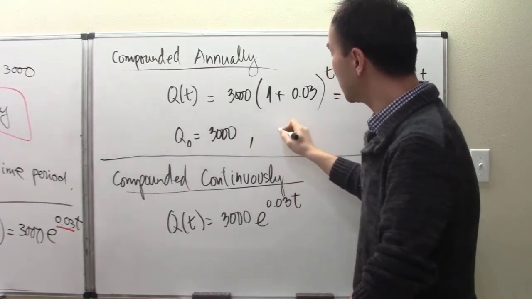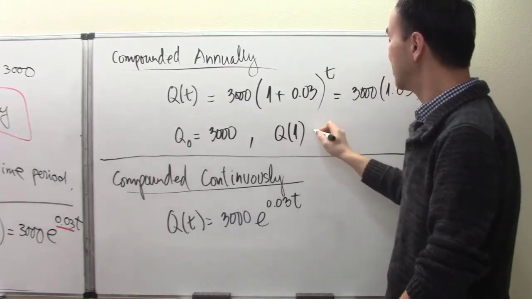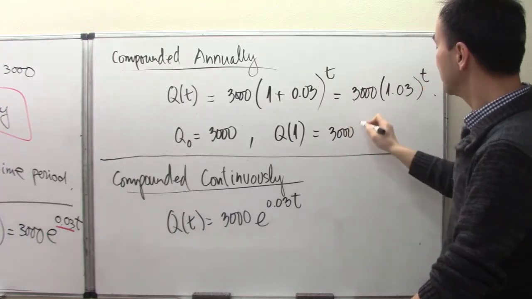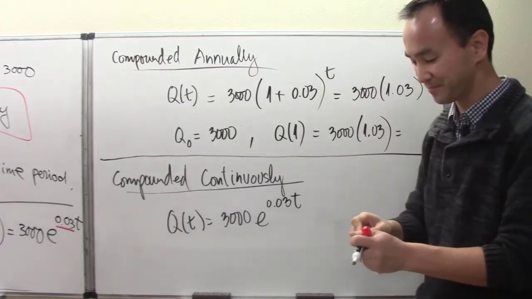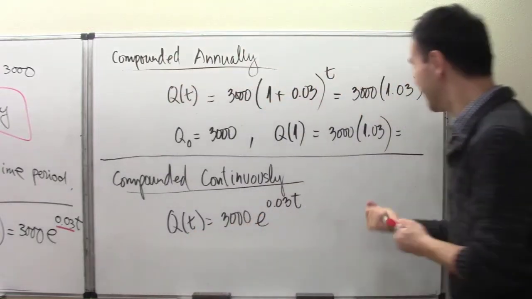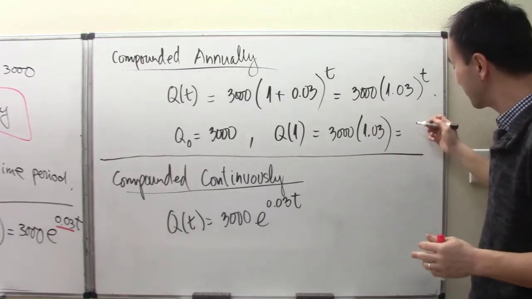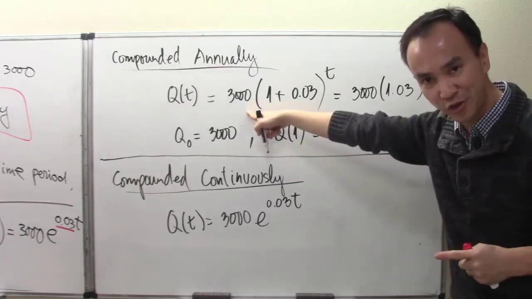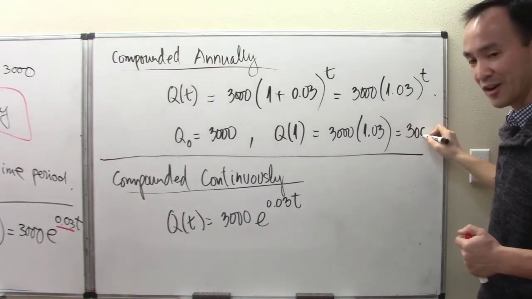But then in 1 year, Q1, I'm talking about precisely 1 year later, according to this function it's 3,000 times 1.03, and the calculation shows, exactly 1 year after the initial amount, a future value of $3,090.